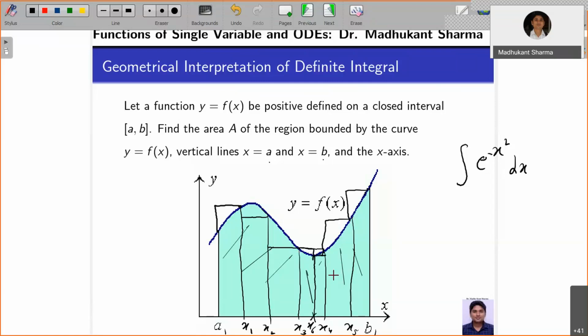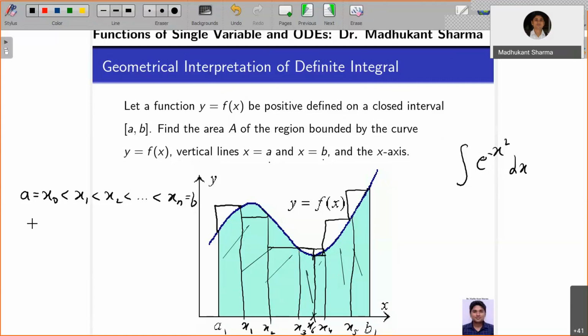So there are infinitely many possibilities now. What you are doing here is dividing this interval a to b, where a equals x0, into x0 less than x1 less than x2, and so on, less than xn equals b.